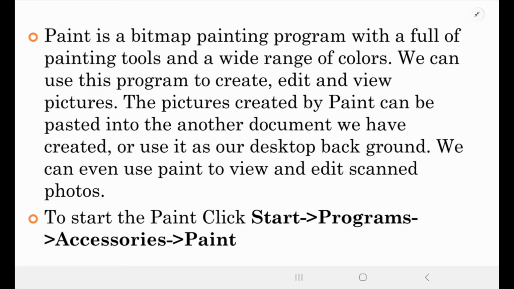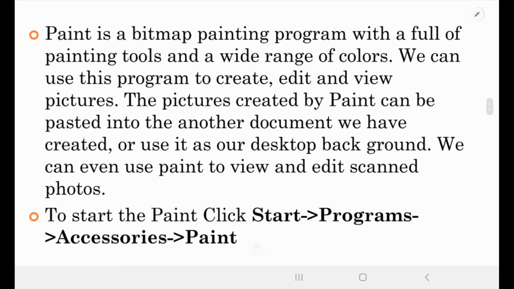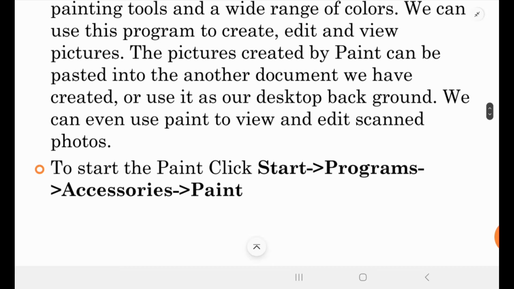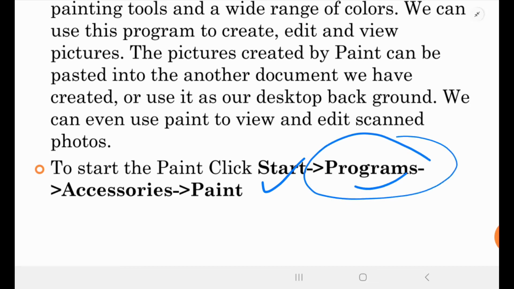Now the basic question is how can we start a paintbrush program. First of all you have to click on the start button, click on programs and find accessories, and in accessories you will find paint.